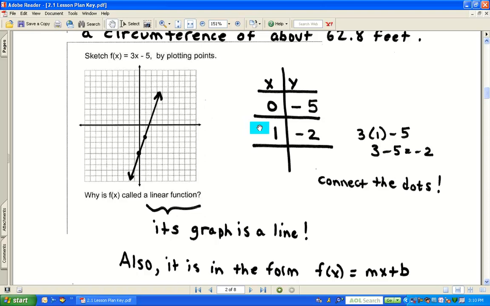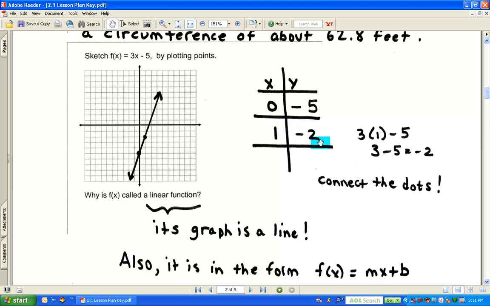But it's not necessary. If I put in a 0 for x, 3 times 0 is 0, 0 minus 5 is negative 5. That creates the ordered pair 0, negative 5. If I put in a 1 for x, and again I'm using very simple numbers, it's your choice, 3 times 1 is 3. 3 minus 5 is negative 2.